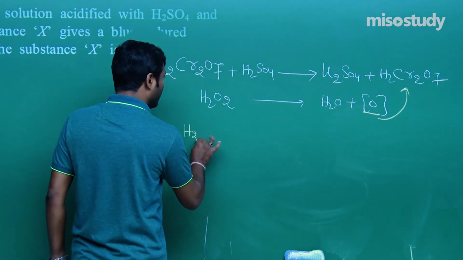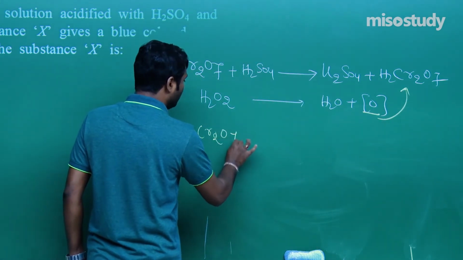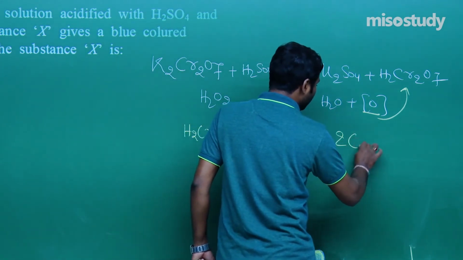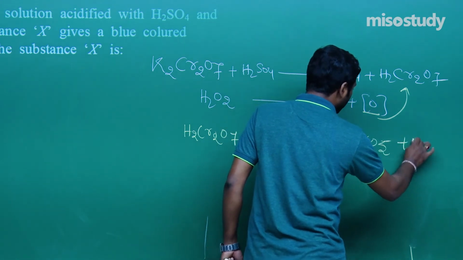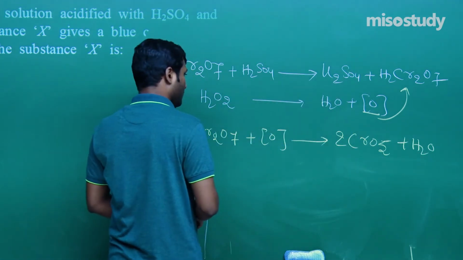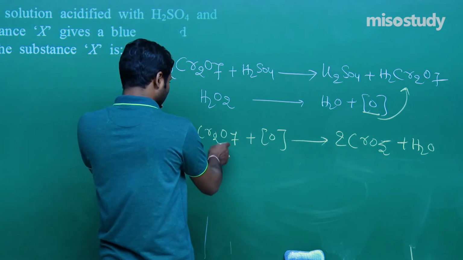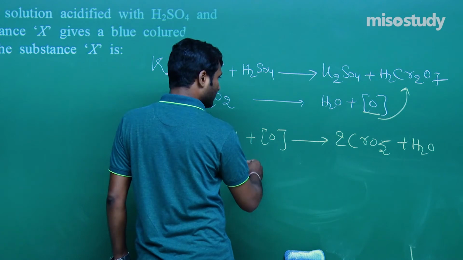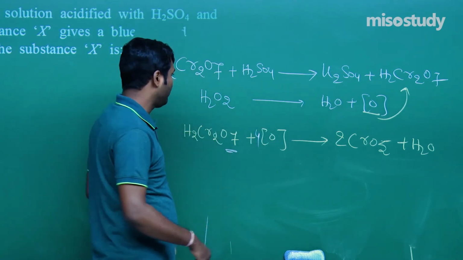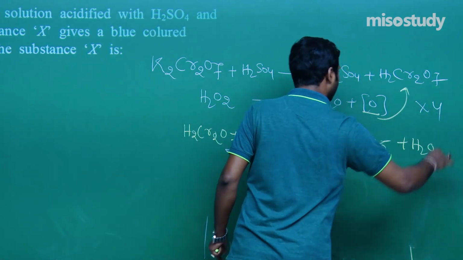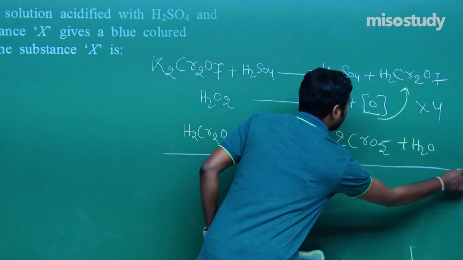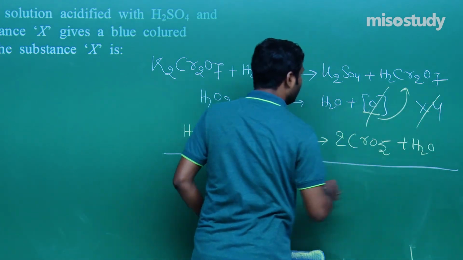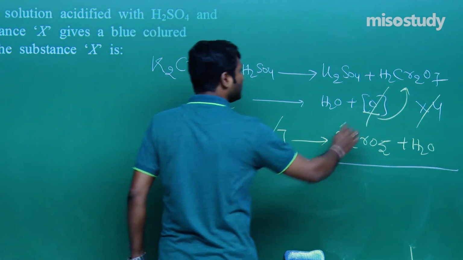H2Cr2O7 gives you CrO5 plus H2O. Now how to balance the reaction? Balancing the oxygens and chromium, multiply this equation by 4. Now after adding, what will happen? Tell me. In the final reaction, this will cancel this one and this will cancel this one.